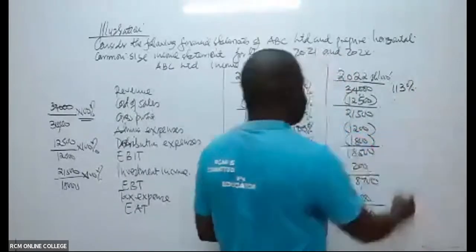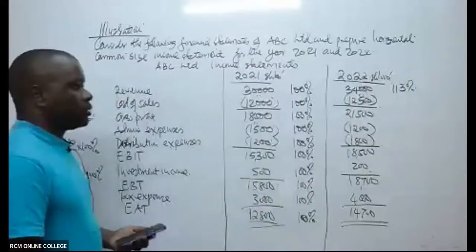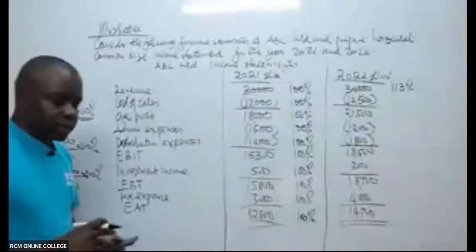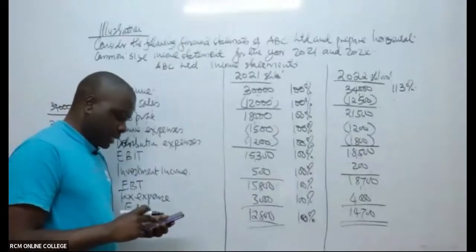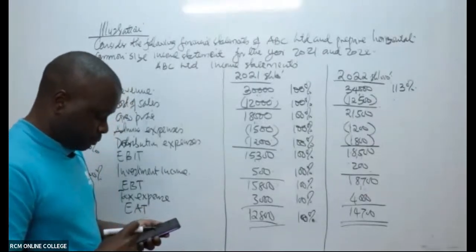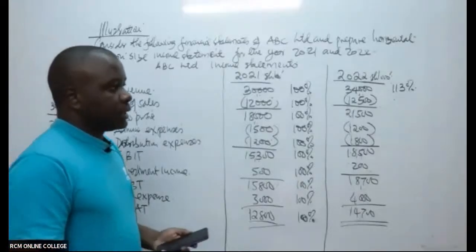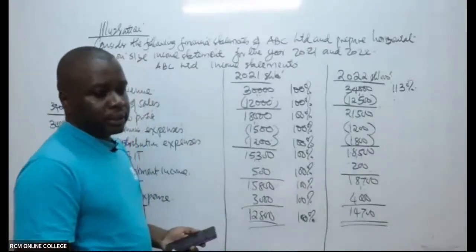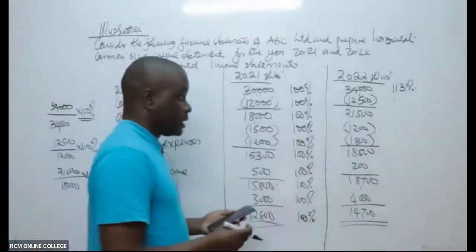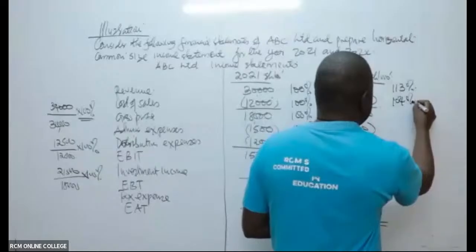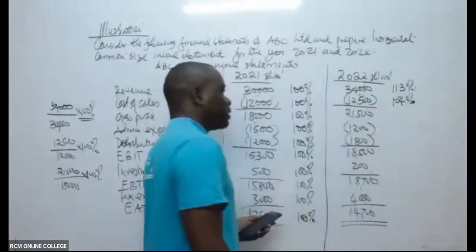What about this other one, cost of sales? That is 113%. I can see you're saying 104%. So let's hope it's correct. 104%.